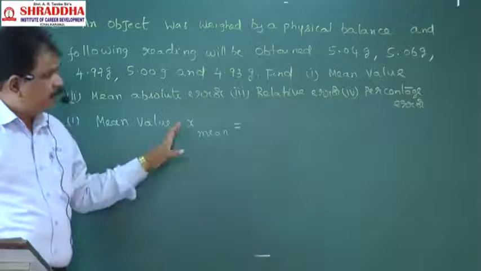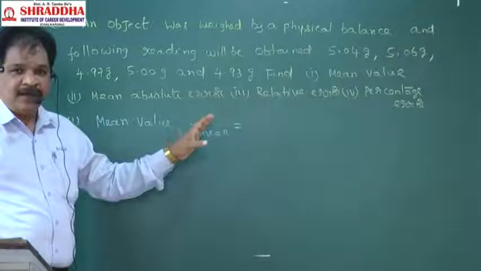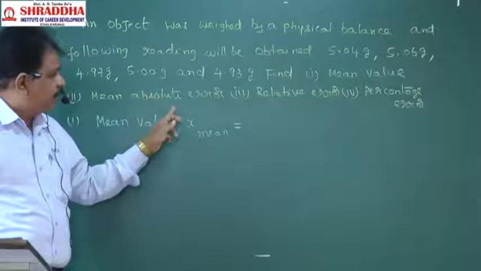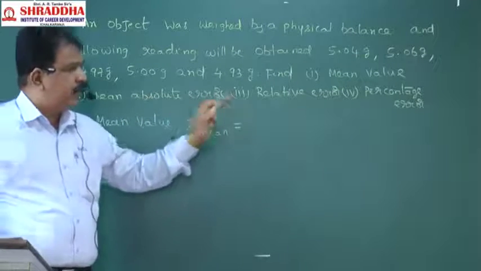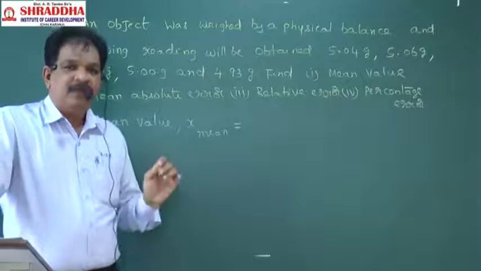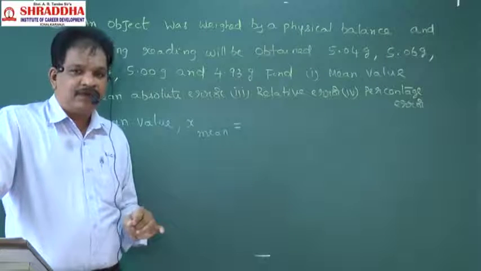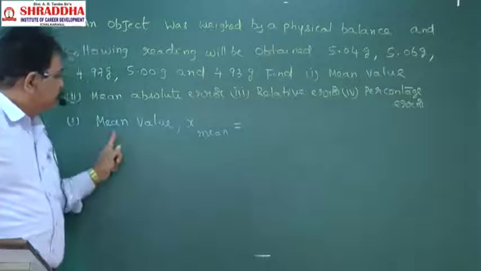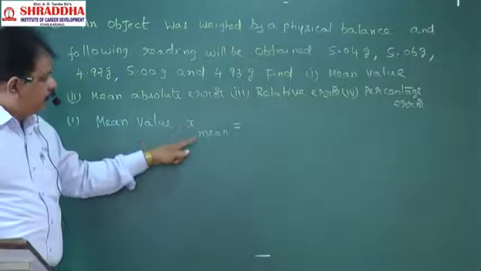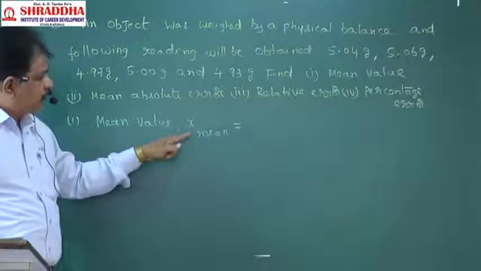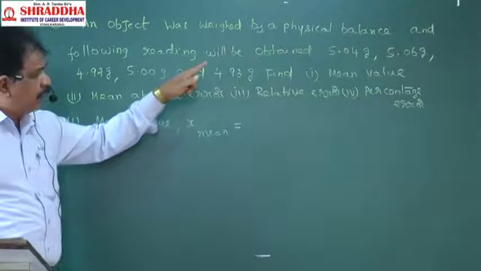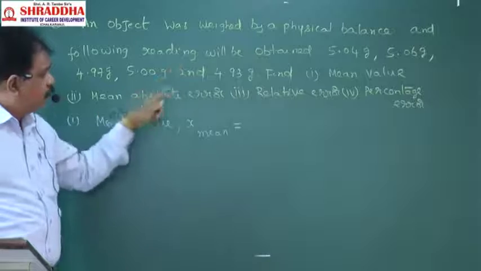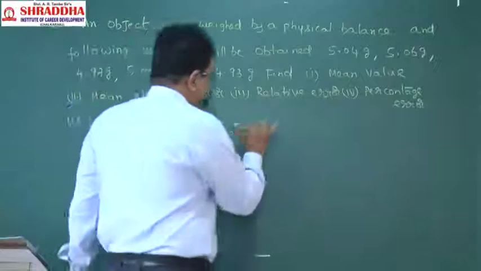Some values are given, and we find the mean value, mean absolute error, relative error and percentage error. How to calculate, we are discussing. So x mean means you add all those 5 readings and divide by 5.